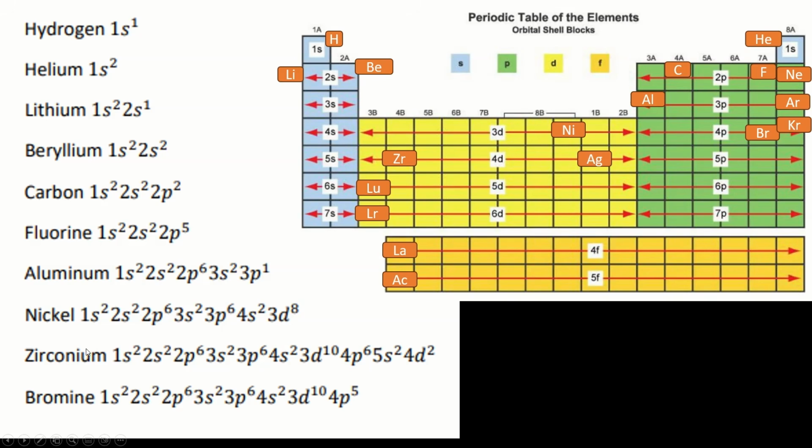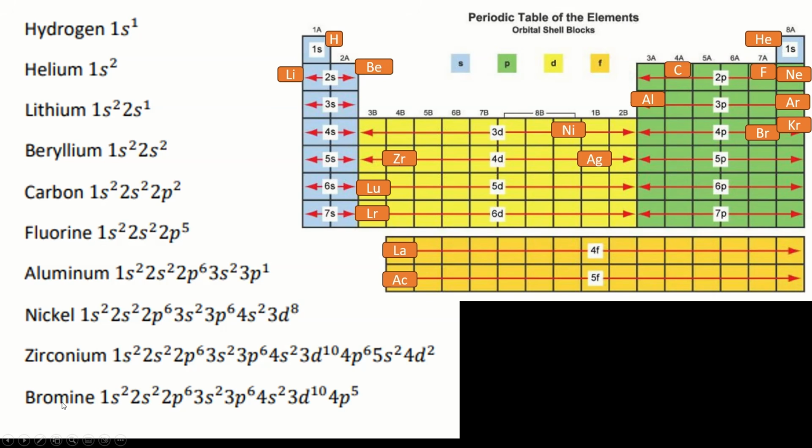For zirconium, we make it all the way here. So to get to here, we go through 1s², 2s², 2p⁶, 3s², 3p⁶, 4s², 3d¹⁰, 4p⁶, 5s², 4d².